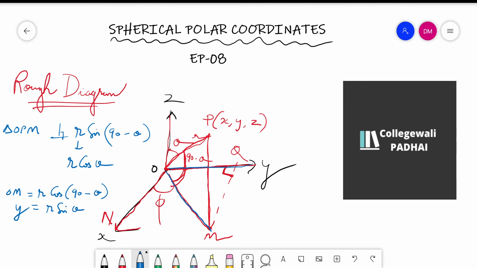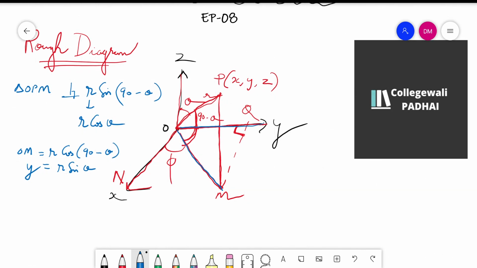So on writing this clearly, we can write X equal to ON. Here you can see coordinate X is the line ON, equal to R sine theta cos phi.